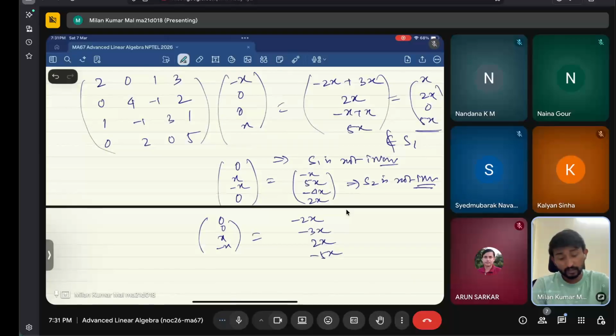I hope I am correct. So that again implies that S3 is not invariant. So that's why as an option this is correct. Yes, the third option is also correct.